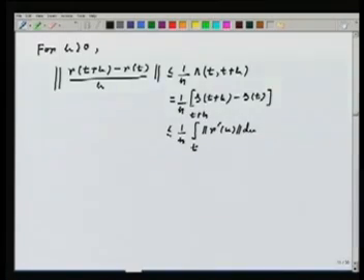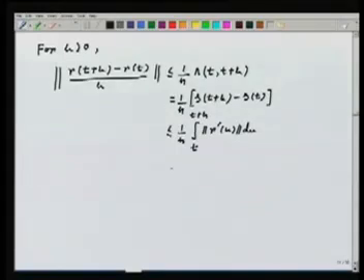Remember, this was the result which I proved while showing a curve is rectifiable if r prime is continuous. Remember that? I have proved that lambda(a,b) is less or equal to integral a to b norm r prime t dt. Instead of a and b, for t and t+h I am using the same result to get the inequality on the right hand side.